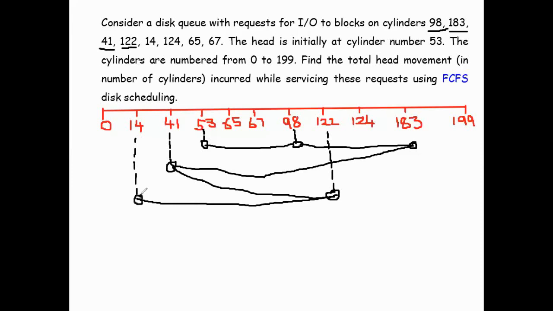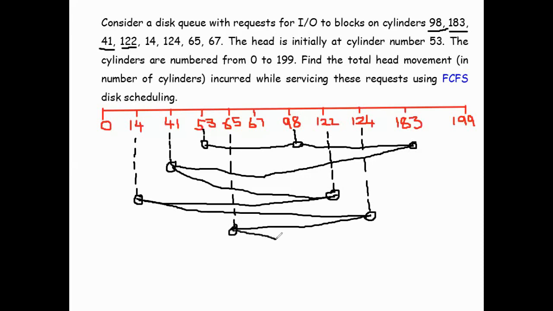Then the request for 124 will be served. After 124, the request has arrived for cylinder number 65. Hence, the head moves to 65. And at last, the request is for cylinder number 67. The head moves from 65 to 67 now. This is the way how the FCFS disk scheduling algorithm works for the given problem.